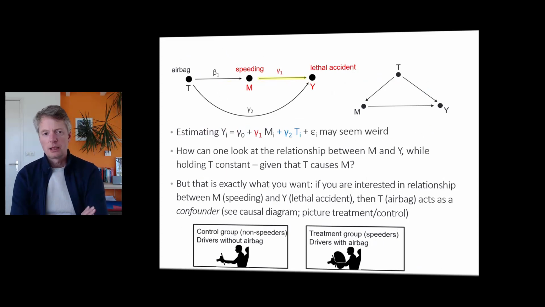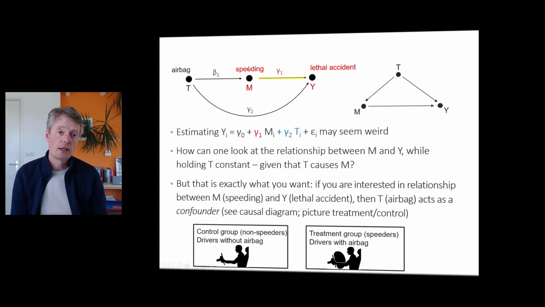Now, it may sound weird to estimate this relationship between M and Y, and then hold T constant. So we're interested in the effect of a mediator on the outcome, but we keep the treatment constant, right? But that is exactly what you want, because T here is actually a confounder.